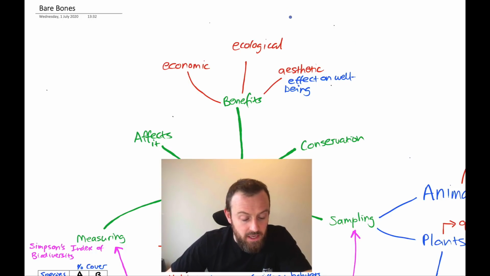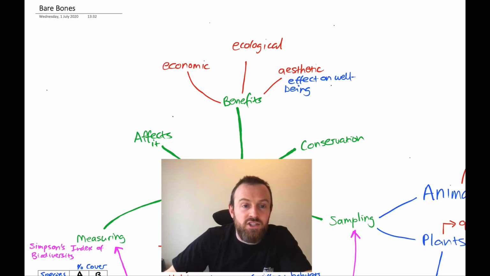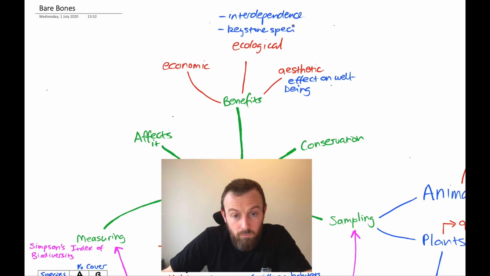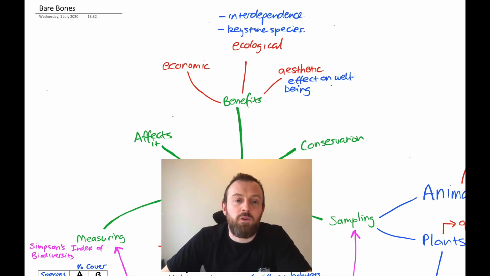So that's one effect. But even if we didn't worry about that, let's now look at the ecological arguments. There's a few things here, and generally they center on, number one, interdependence, and the idea of keystone species. So first of all, interdependence.